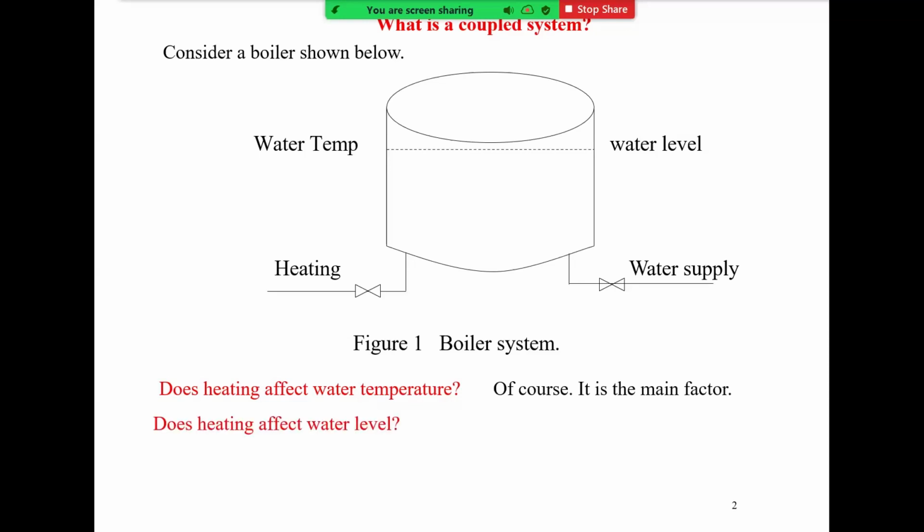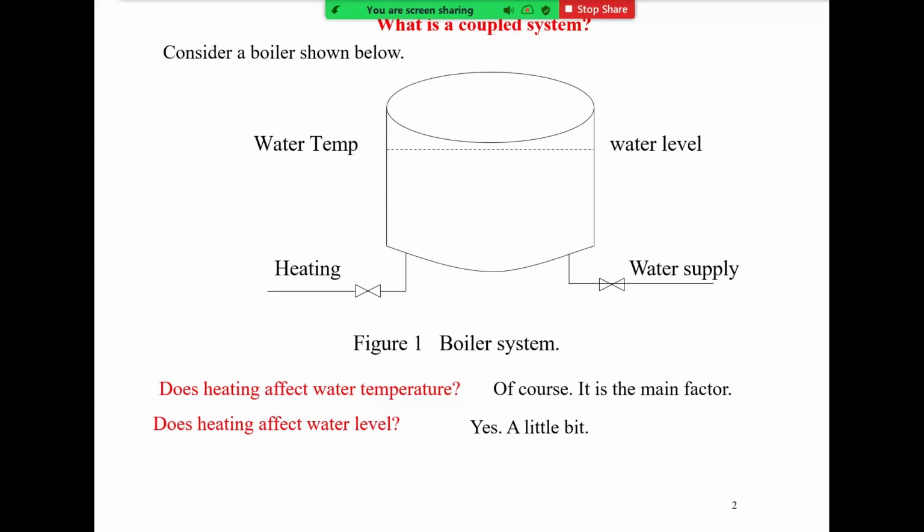Then how about the other output? Does heating affect the water level? Actually, from physics, you know that when the temperature changes, the volume of the matter will also change, so it also affects the water level, but of course the contribution is kind of minor.